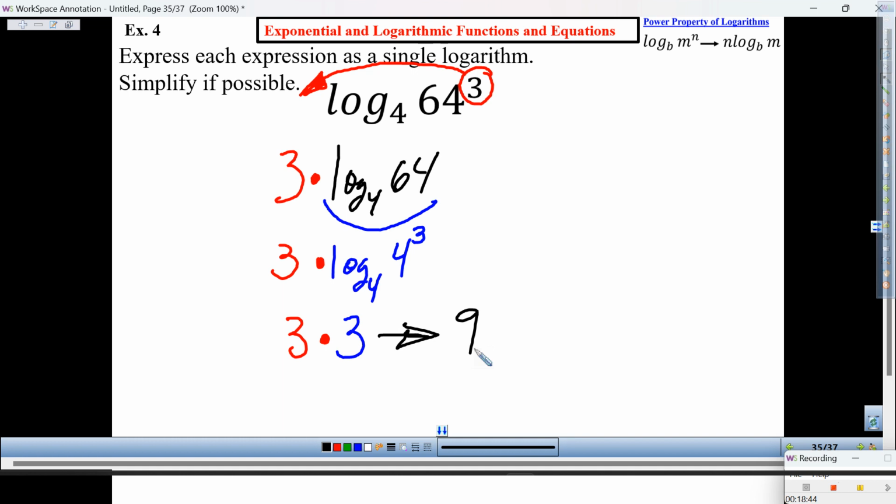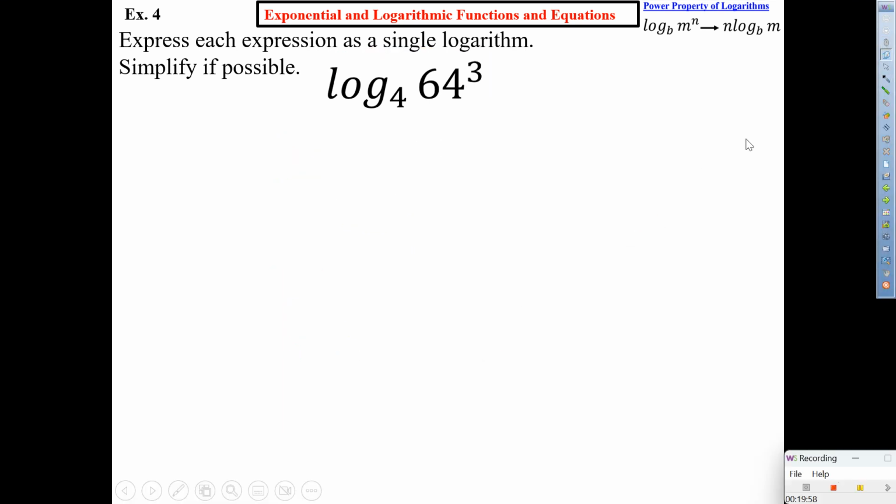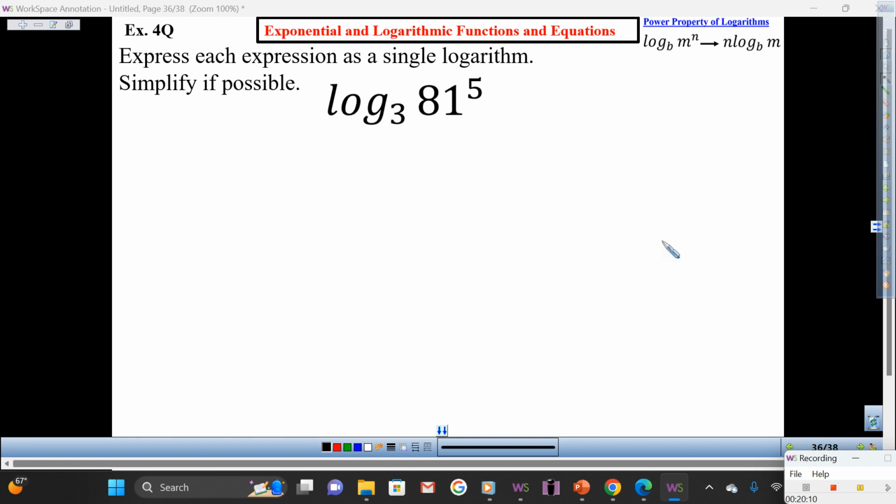All right, let's do another one. Copy this one, example 4Q. There it is. Log base 3, given number 81 to the 5th power. Copy and go. All right, walk us through this one, Briseida.